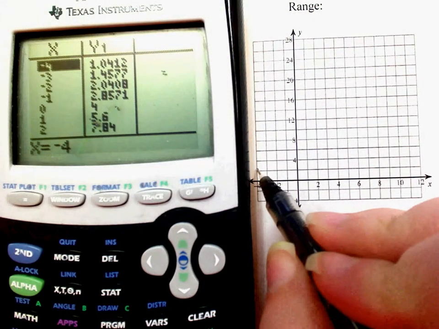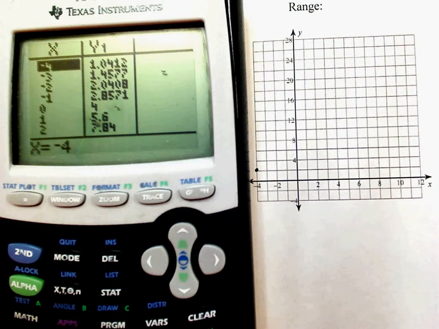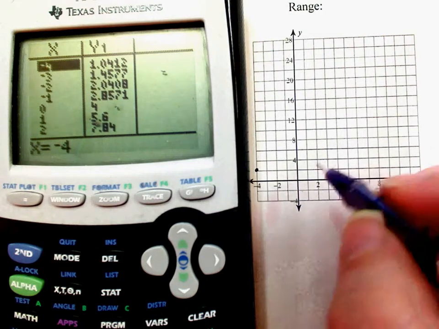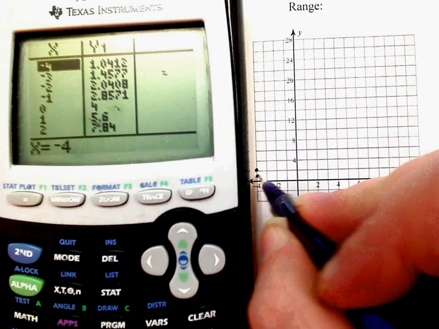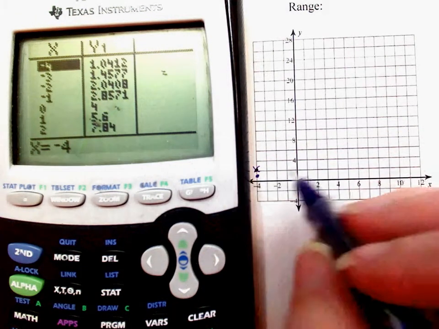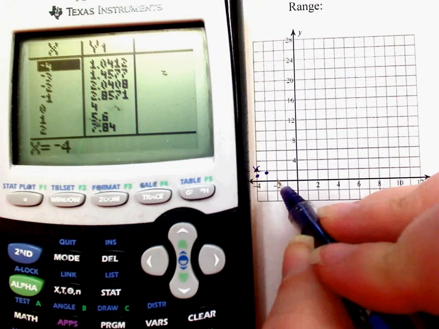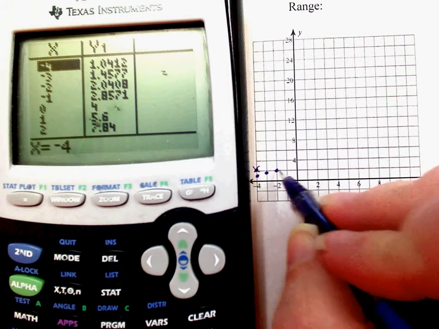Oh, I see. Scale is 2. Okay, so it needs to be like right here. And then negative 3 is like right here. Negative 2 is like right here. Negative 1 is like right there.